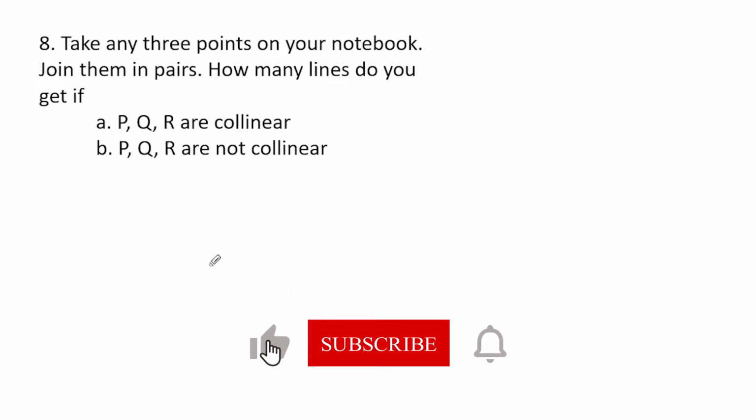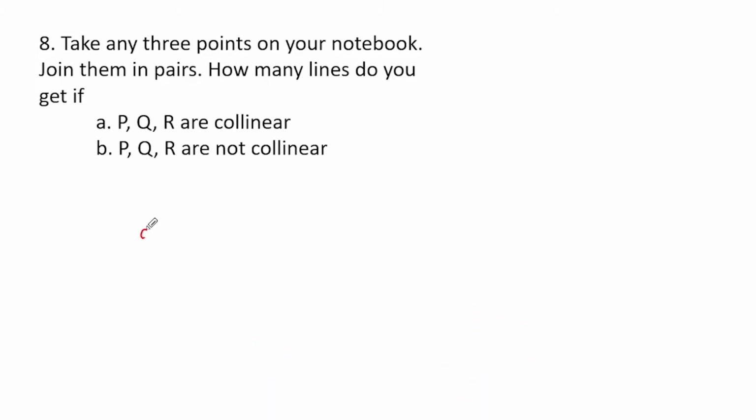So what are collinear points? Let's take 3 points. We will take 1 point over here, 1 point over here, and 1 point over here. Now, can we draw a line passing through all these points at the same time, and only one line? Let's try.